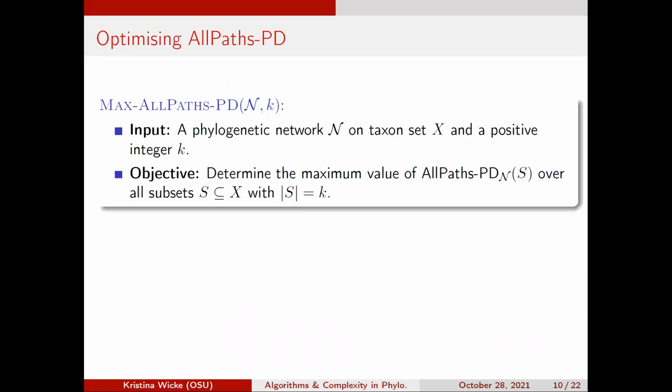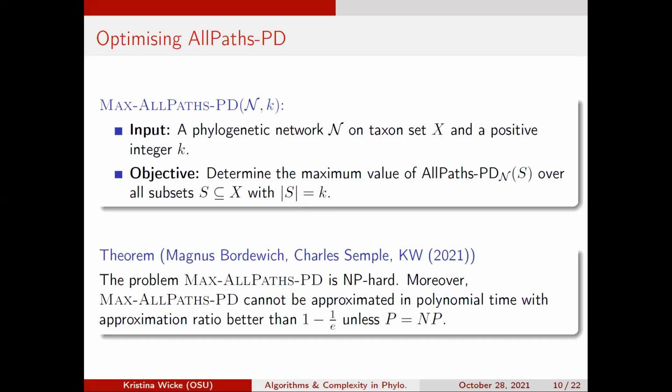And now, thinking about all-path PD, we can define an analogous optimization problem to the one I mentioned for trees. So given a network N on taxon set X and a positive integer K, the aim is now to determine the maximum value of all-path PD over all subsets of the leaf set of cardinality K. This is our optimization problem.